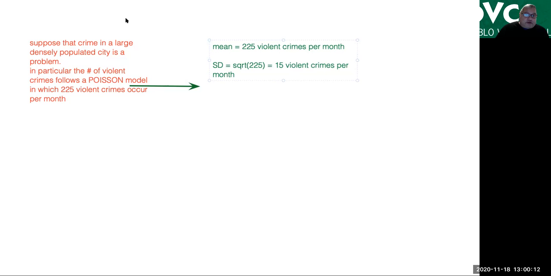Going back to the third part of the problem, the city has implemented a new community policing strategy to alleviate the citizenry's suffering from violent crime.